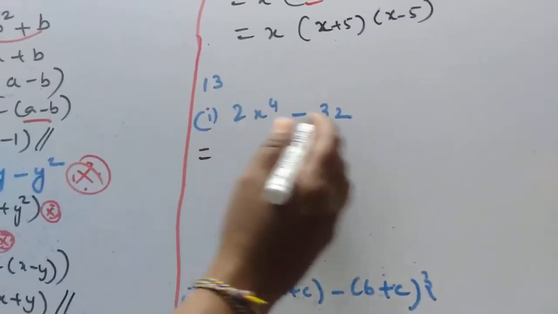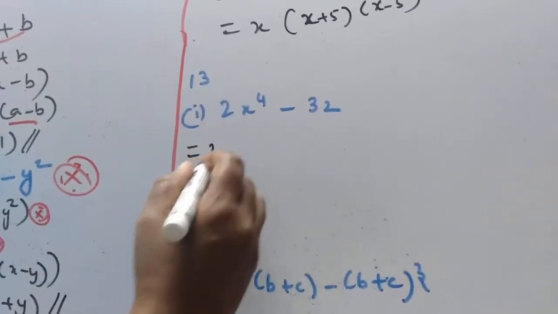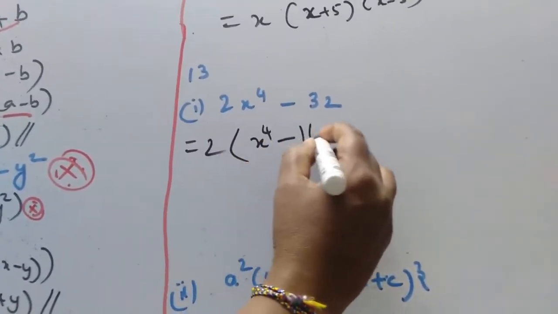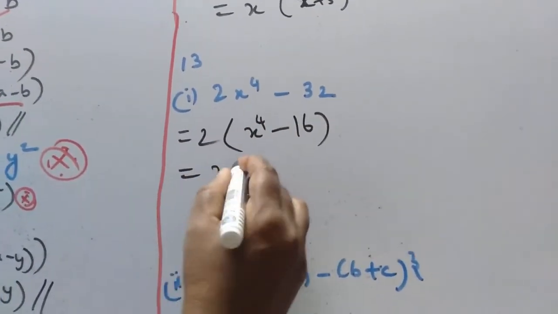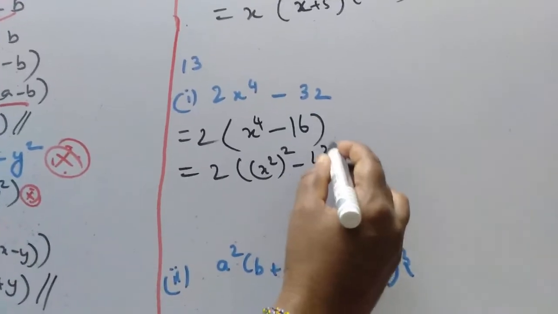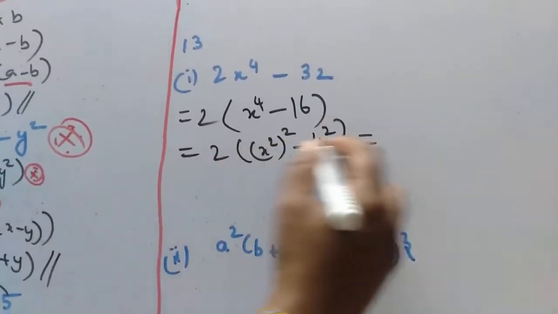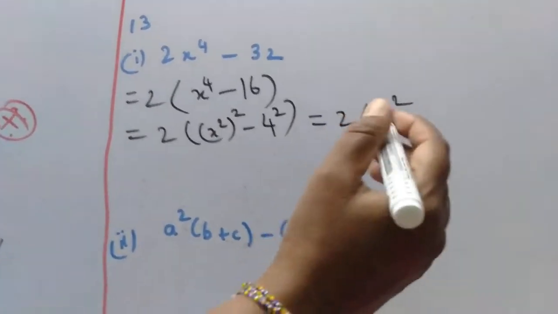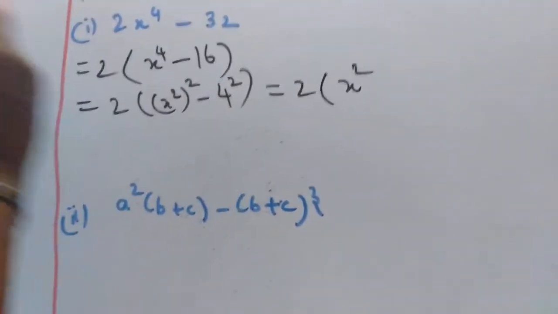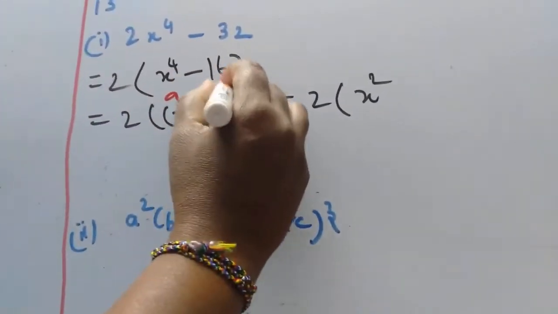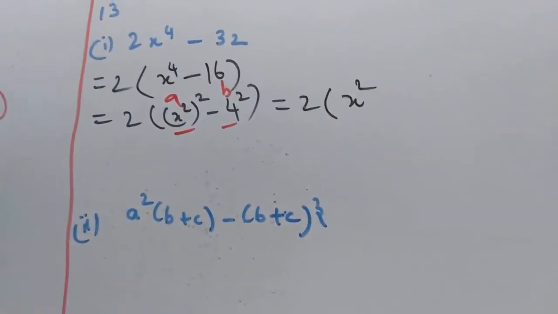Here the common term for these two terms is only 2, so which can be written as 2 into x power 4 minus 16, and this can be written as 2 into x square the whole square minus, this 16 can be written as 4 square, and here we can expand it as a square minus b square, a here is x square and b here is 4.